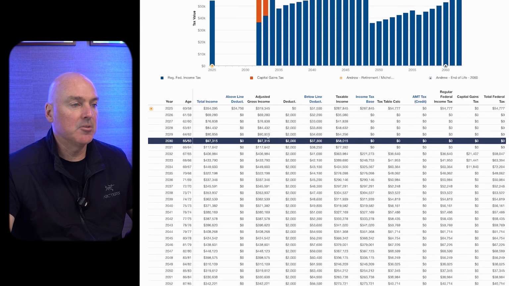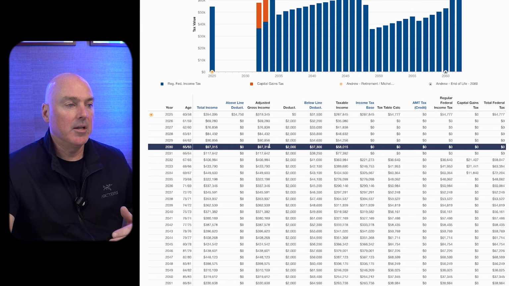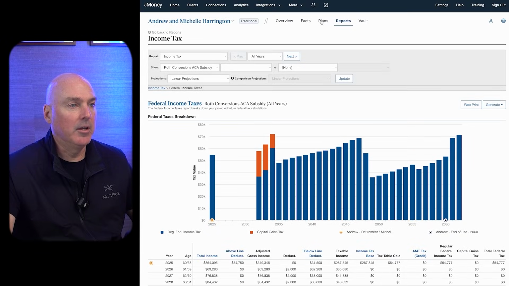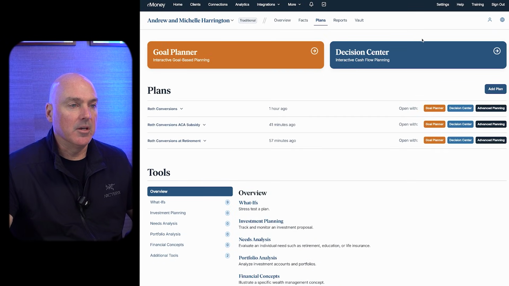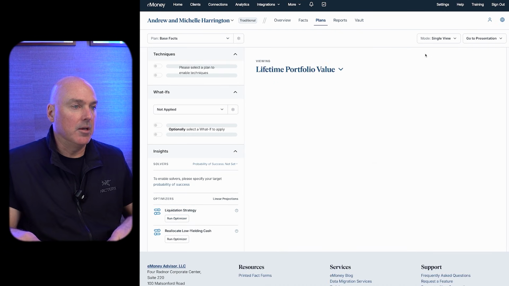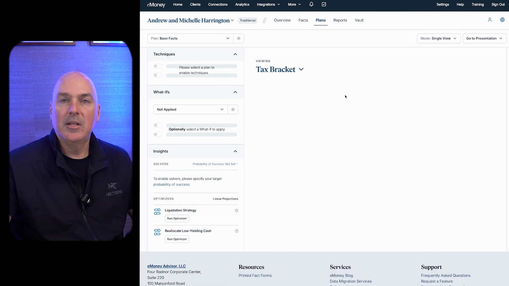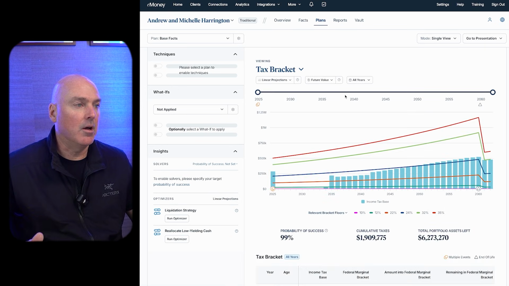So this is great. We're staying under that ACA subsidy. We're staying in that 0% long-term capital gain tax bracket. And we look at what the outcome of this is. We can look at this in a couple of key metrics areas here. What we're going to do is look at, did it save us any money in taxes over the long run?